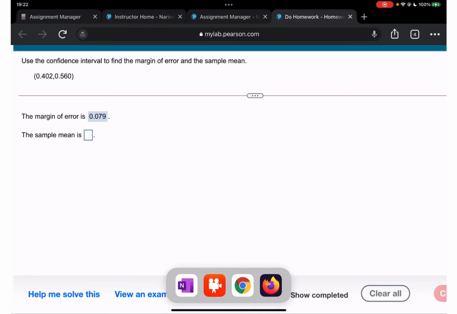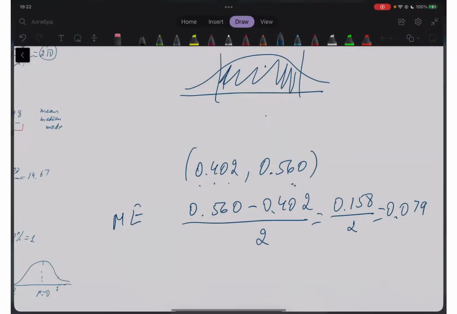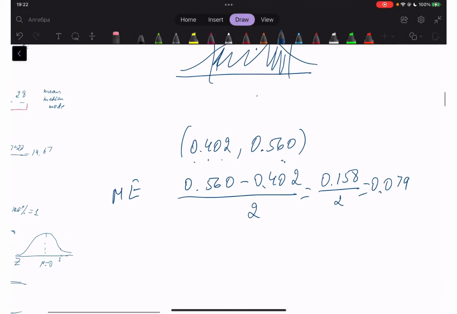Now sample mean. To find sample mean, I'm going to take the lowest border, 0.402, and add this margin of error, which is 0.079, okay? Or subtract from 0.56 the margin of error, and that will give me the sample mean.